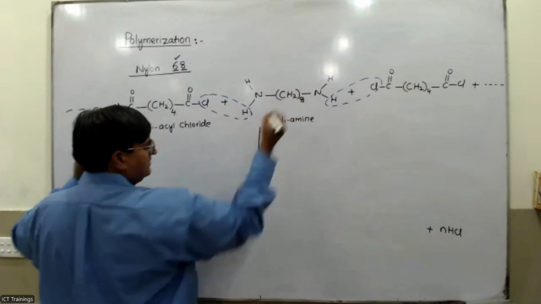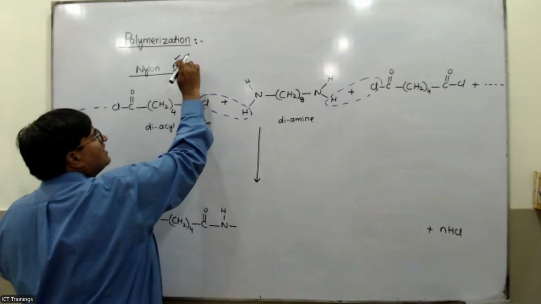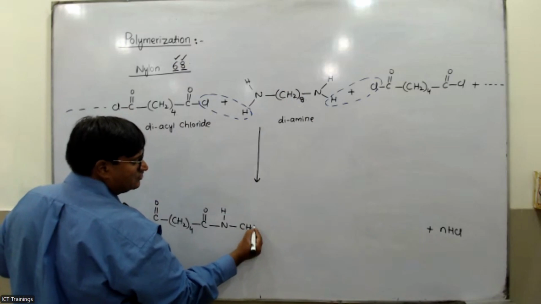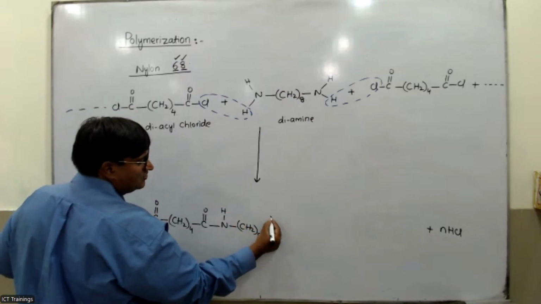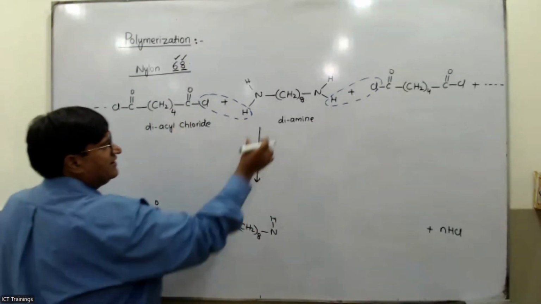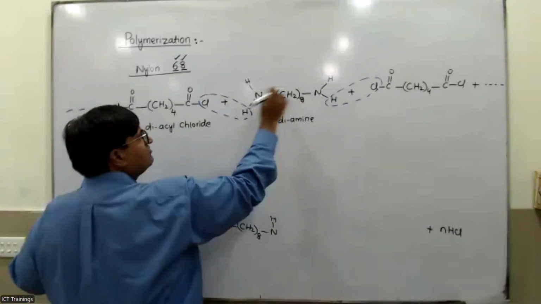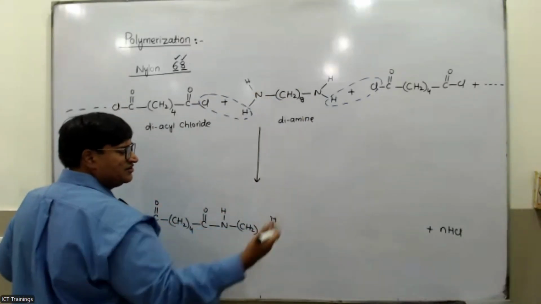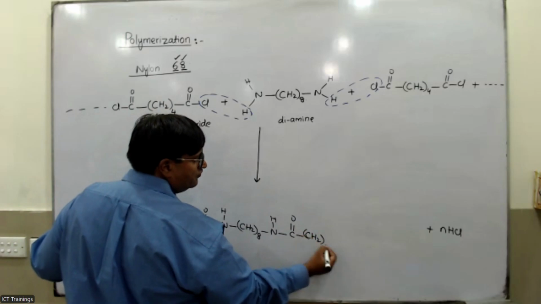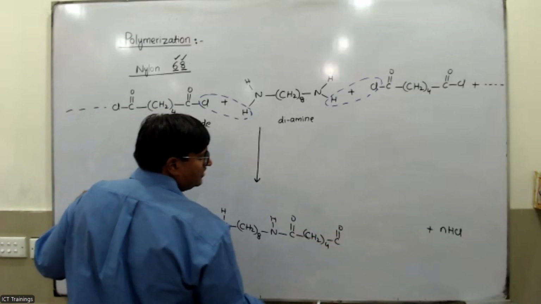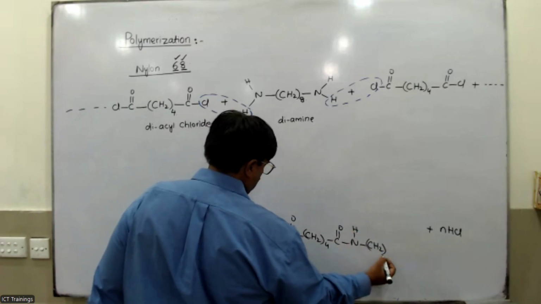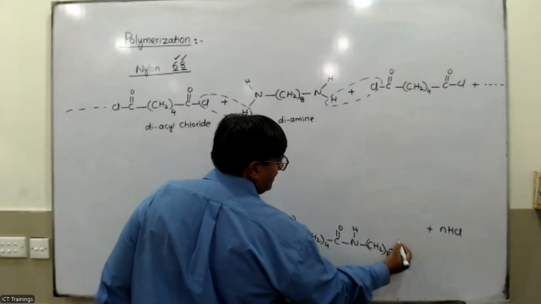So 8 carbons are present up here, because this second number shows the number of carbons in the second monomer. So here you should write CH2 8 times and NH. So CH2 4 times is surrounded by the C double bond O, and CH2 8 times is surrounded by the NH, and just continue it. Again you have C double bond O, CH2 4 times and C double bond O, and then NH, CH2 8 times and NH.